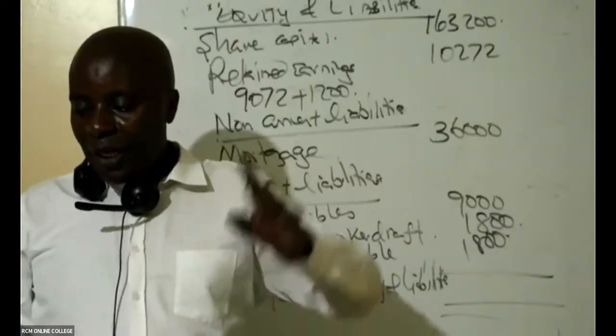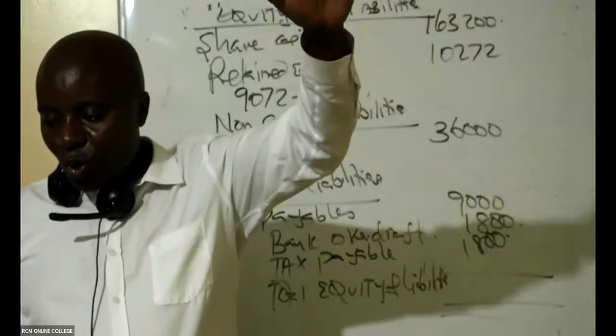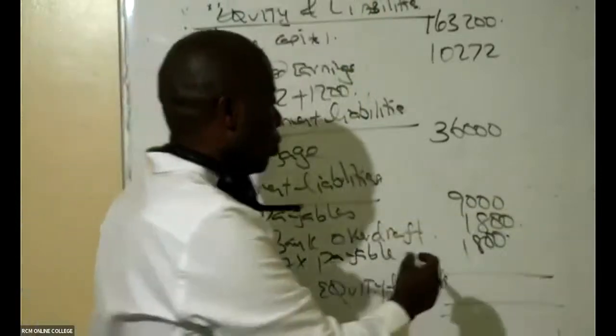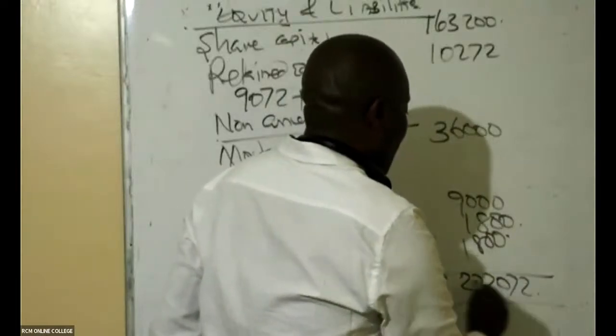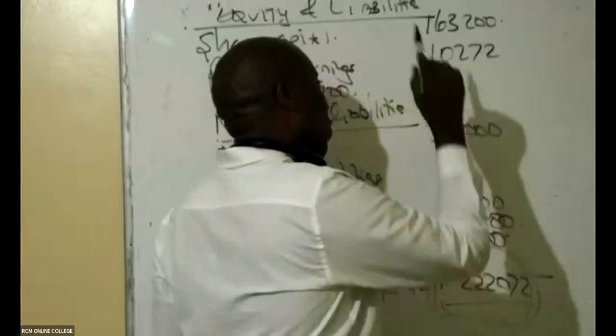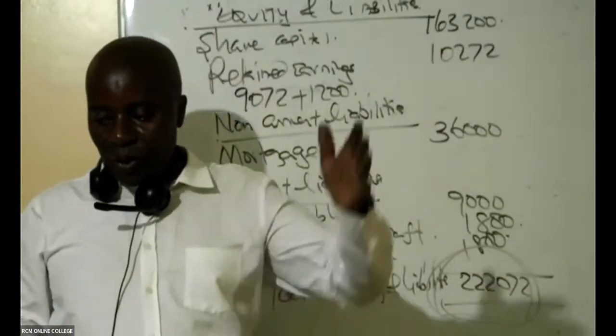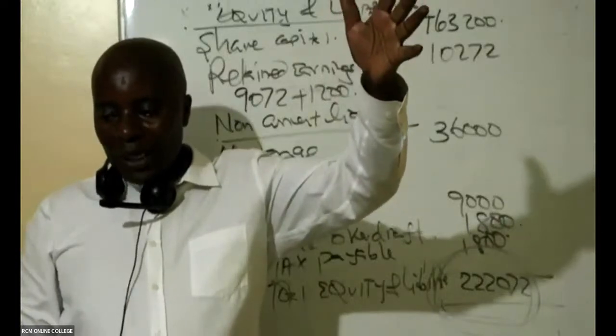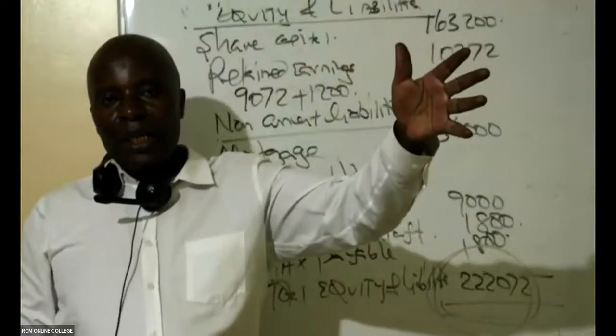So I believe the figure that you gave me is 222,070. Is this figure agreeable with our assets? Yeah, it's balancing.